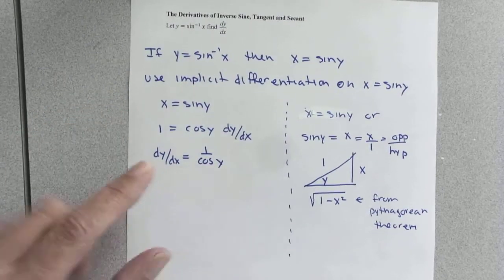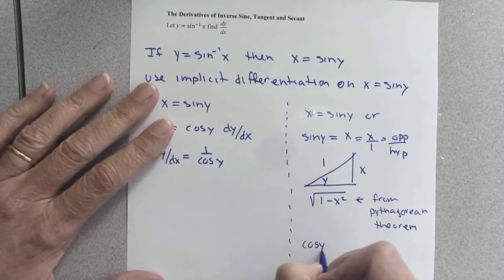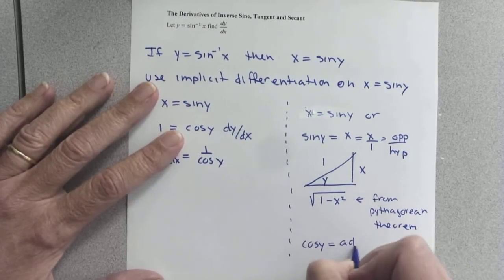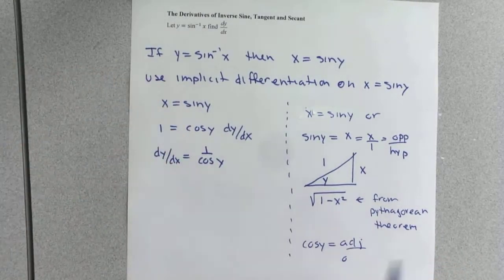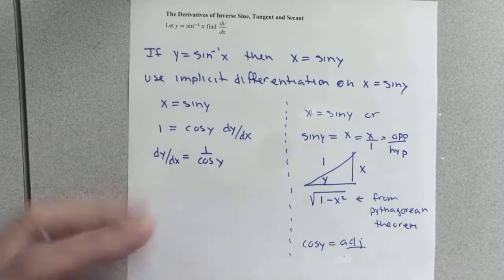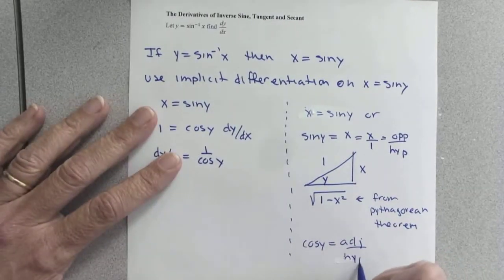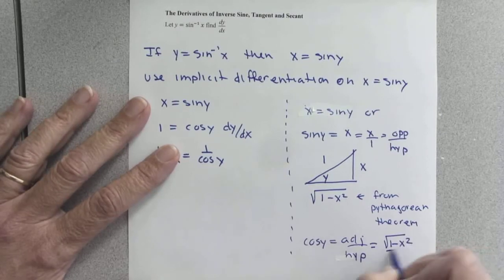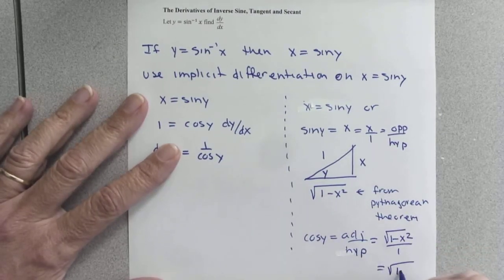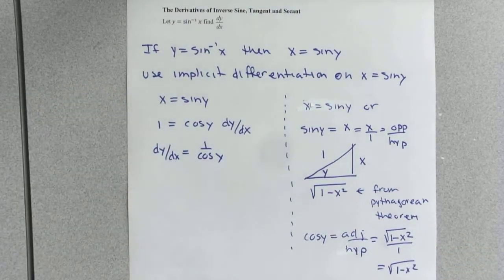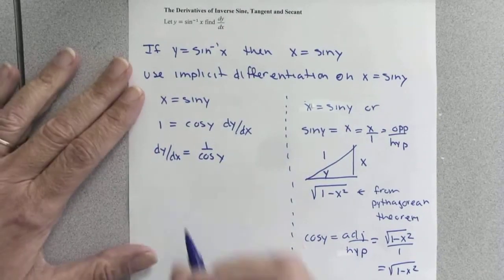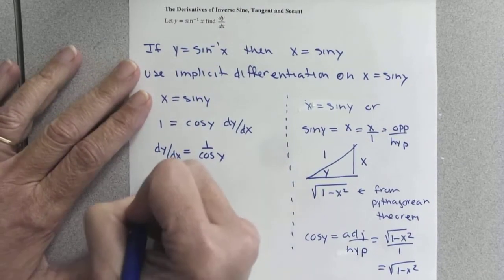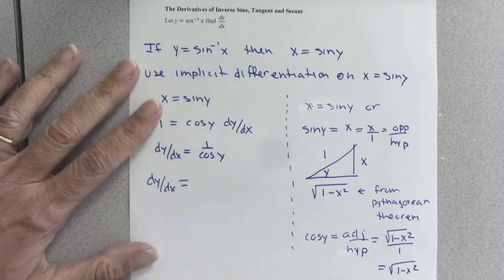Then look what I have in my answer. I have a cosine y. Well, cosine is adjacent over hypotenuse. And so cosine y is the square root of 1 minus x squared over 1, or the square root of 1 minus x squared. And so I can carry that back over here.